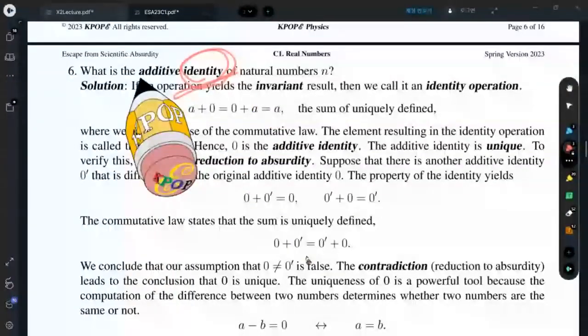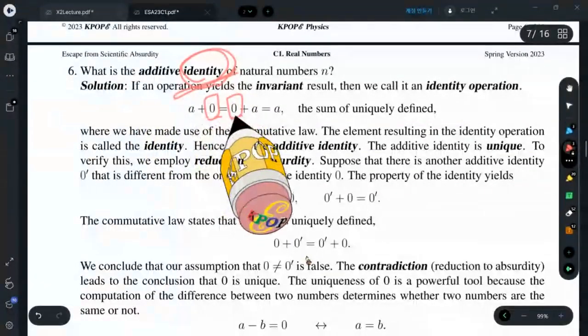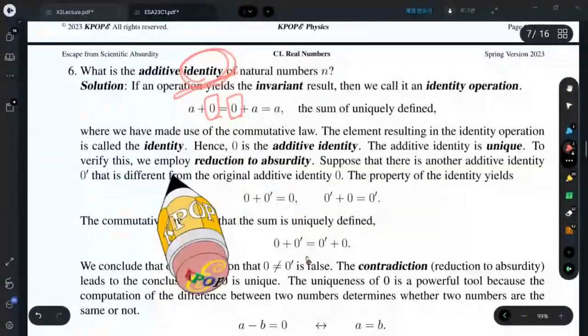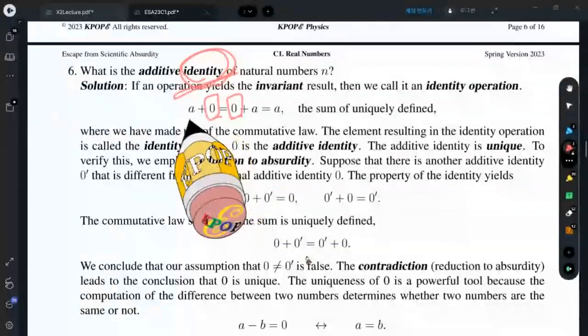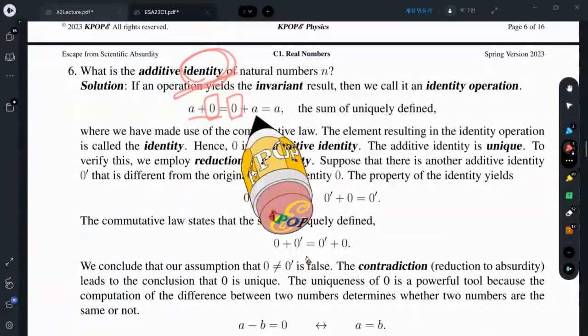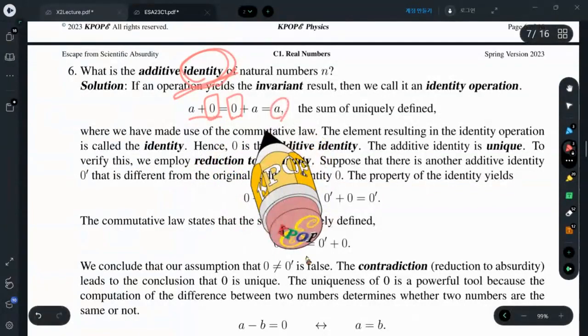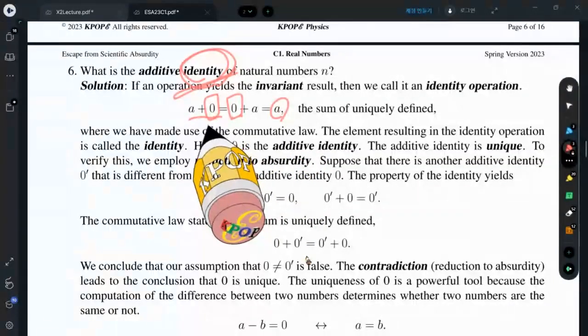In the case of addition, additive identity is zero. Everybody in this classroom must know about that. And because the sum is commutative, I can reorder this a plus 0 or 0 plus a, and both of them must be uniquely defined, and it is equal to a. So this operation doesn't change anything.